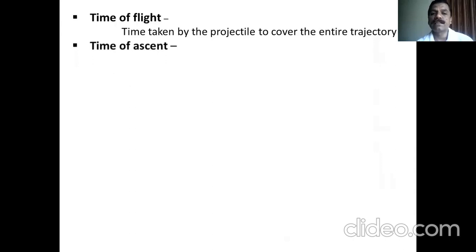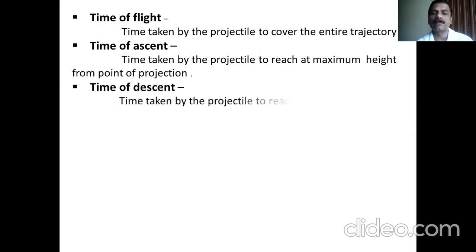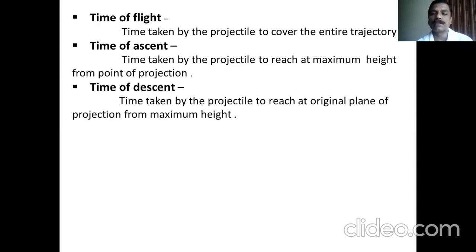Time of ascent is the time taken by the projectile to reach the maximum height from the point of projection. Time of descent is the time taken by the projectile to reach the original plane of projection from the maximum height.